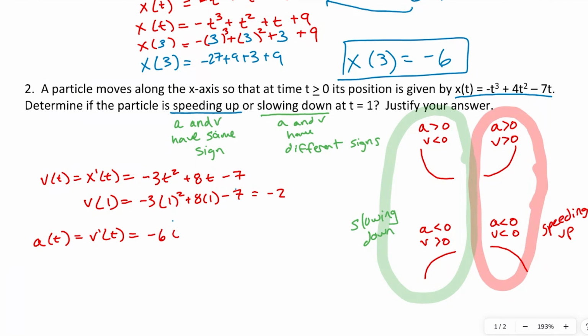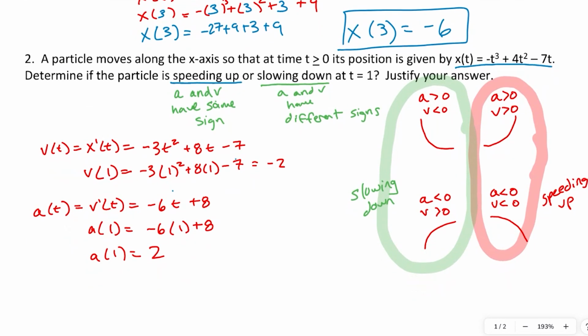So negative 6t plus 8, that's it for acceleration. And if we want to find the acceleration at time equals 1, we're just going to substitute 1 into t. So the acceleration at time 1 is 2.